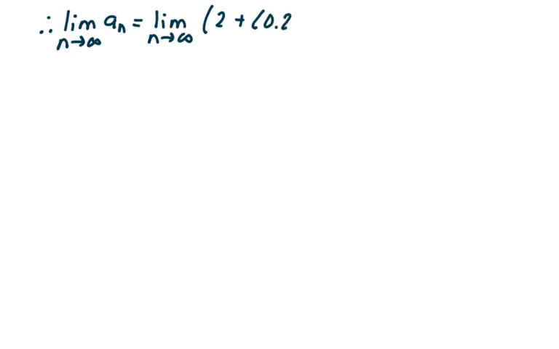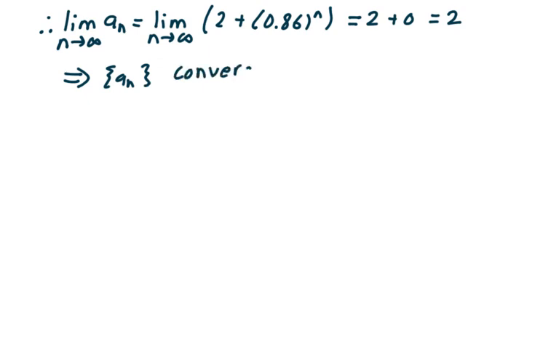Therefore, if I take the limit as n goes to infinity of a sub n, this is the limit as n goes to infinity of 2 plus 0.86 to the nth power, which is equal to 2 plus 0, which is equal to 2. And so what that implies is that the sequence a sub n converges to 2.